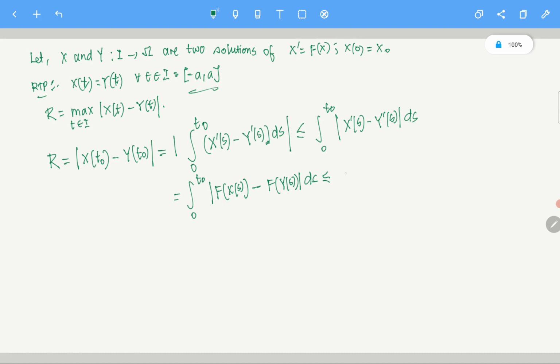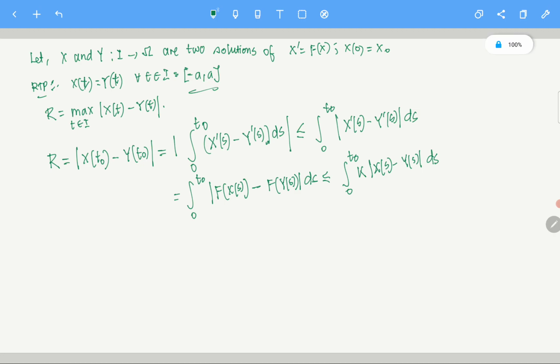That is less than or equal to the integral from 0 to t naught of k times |x(s) - y(s)|. Here I am again using Lipschitz continuity. You do realize that without Lipschitz continuity, none of this is possible. F is given to be C1, so it is not a globally Lipschitz continuous function, but a locally Lipschitz continuous function. I am using that local Lipschitz continuity here.